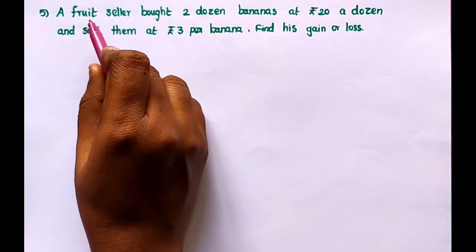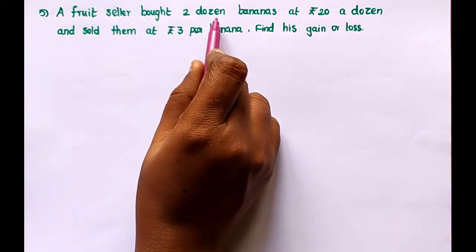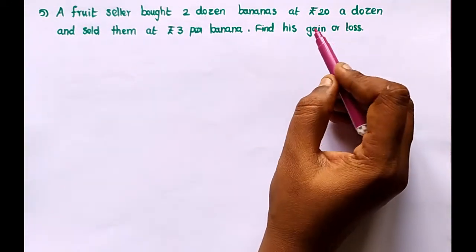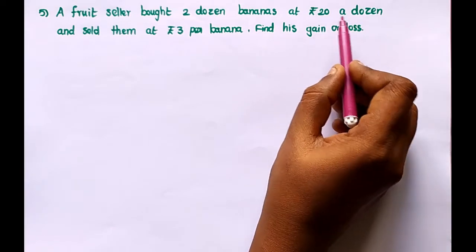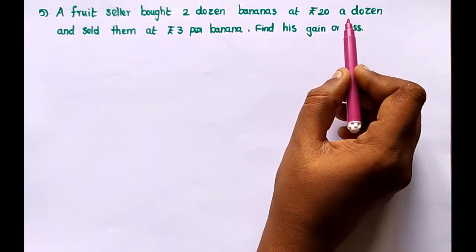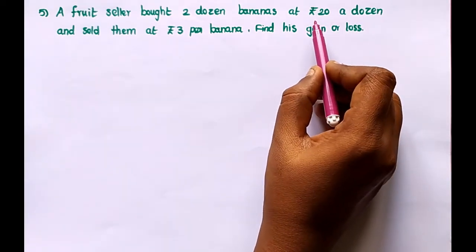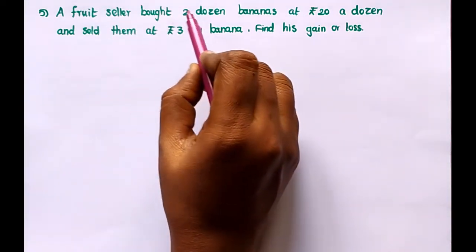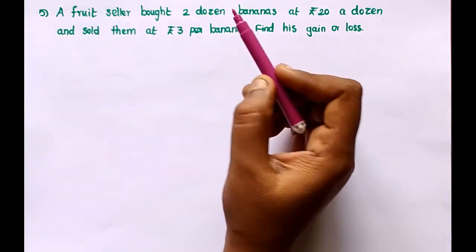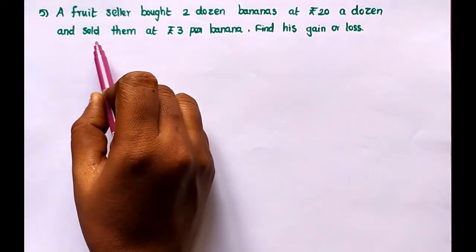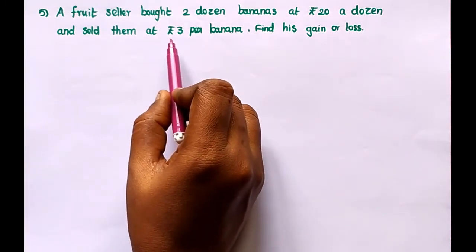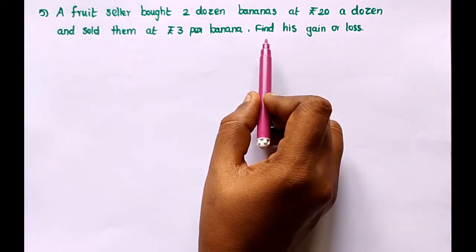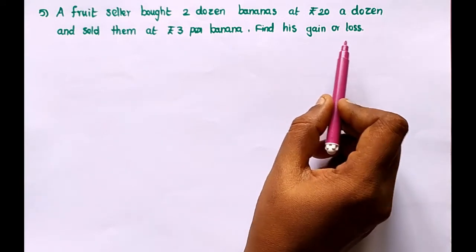Listen, the fruit seller bought 2 dozens at rupees 20 a dozen. One dozen is 20 rupees. Like that, he bought 2 dozens and sold them at rupees 3 per banana. So find his gain or loss.